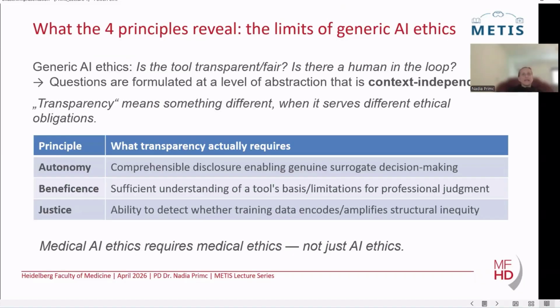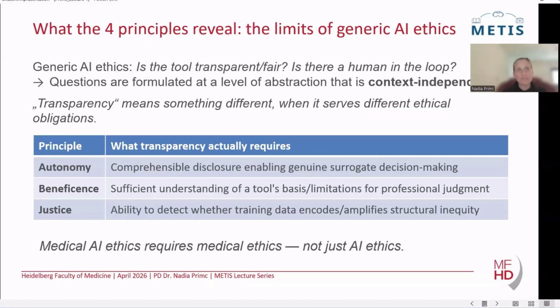Let me now bring this analysis together. Applying the four principles to the ICU case has revealed something important. Each principle generates a specific, context-dependent requirement that cannot simply be read off from a generic requirement of transparency, fairness, accountability, and so on.